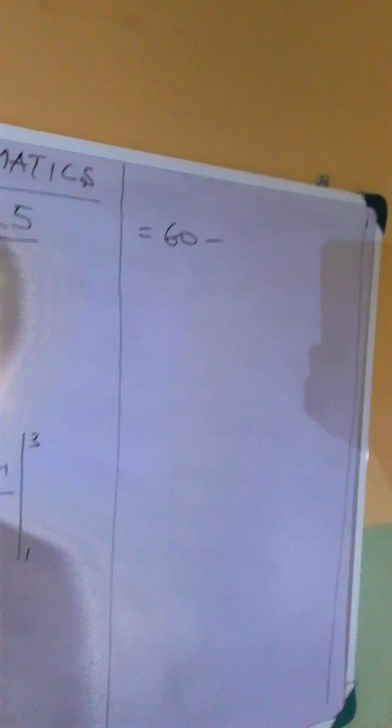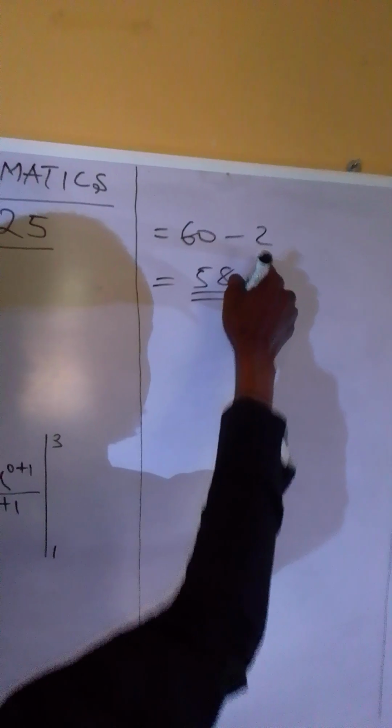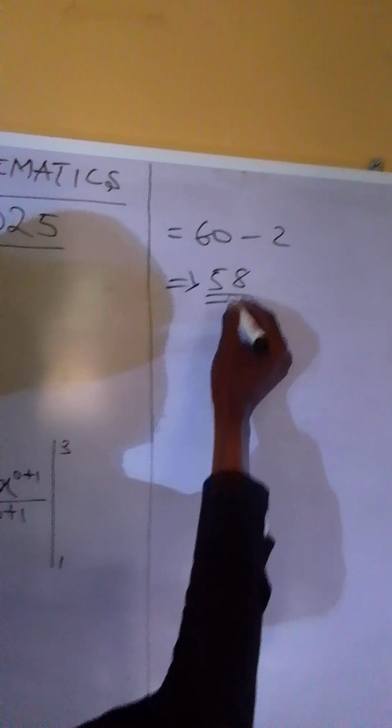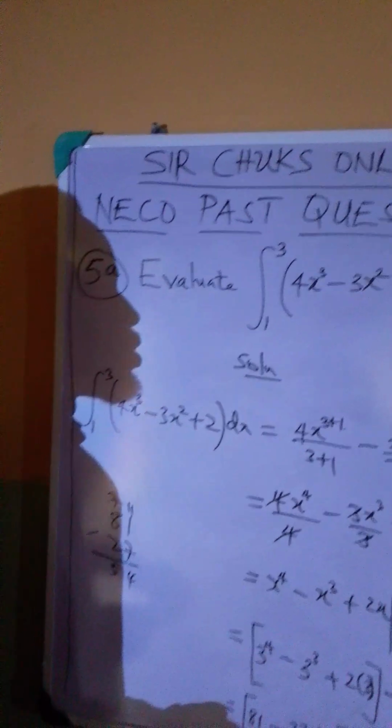Then minus 1 minus 1 is 0, then 0 plus 2 is 2, so our final answer will be 58, because 60 minus 2 gives us 58. That is the answer of this question.